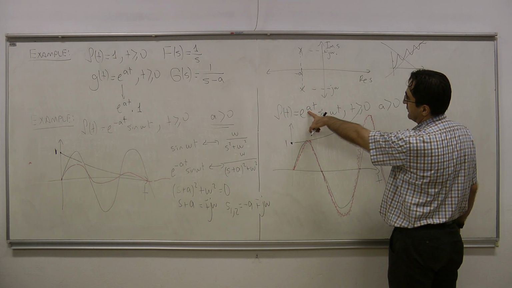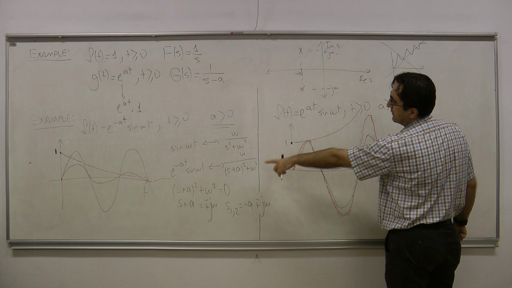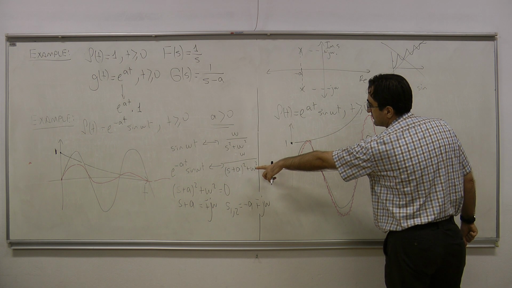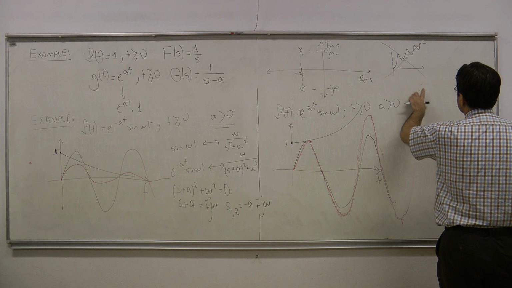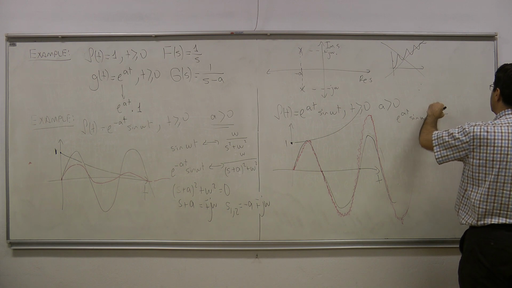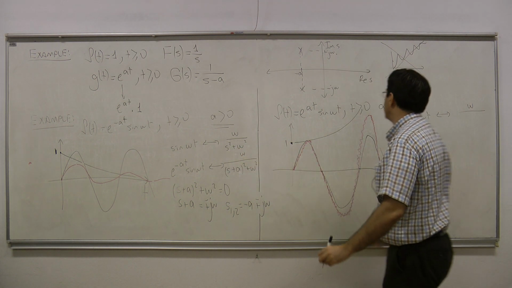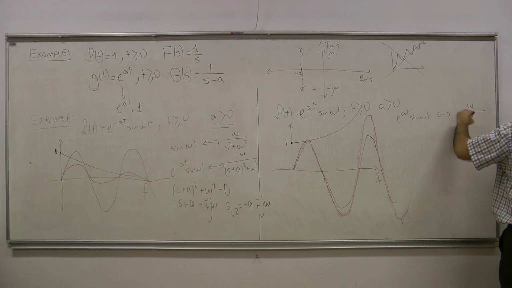Because here, if I substitute a is equal to minus a, then I need to get this thing. Okay? So the Laplace transformation of e to the at sine omega t is going to be omega. Here I will substitute s minus a instead of s.